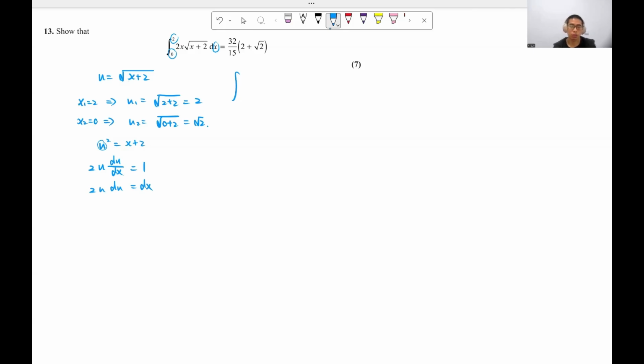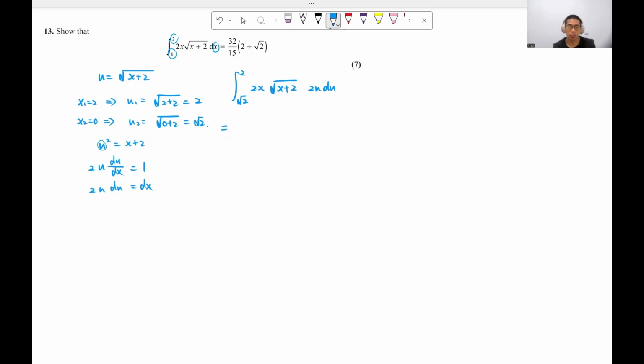First, I will change dx in terms of du. So 2x root x plus 2, and then 2u du. Now we have the integral in terms of u, so we also change the limits into u, which are 2 and root 2. The reason I change dx in terms of du first is because sometimes we can simplify them, but not always.